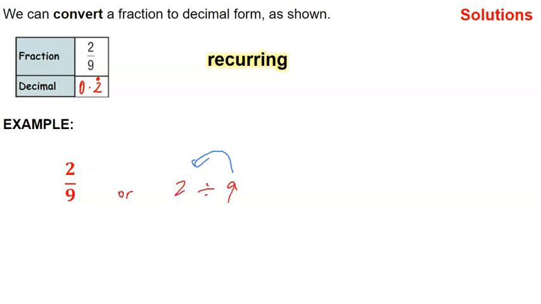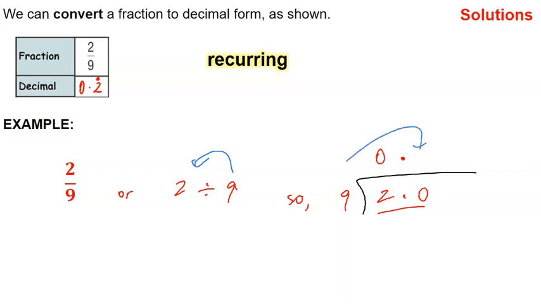Does 9 fit into 2? We can also solve this using short division, where we ask, does 9 fit into 2? Clearly it does not, so we introduce a decimal point and a 0. Now we ask, does 9 fit into 20? And it fits 2 whole times, remainder 2.